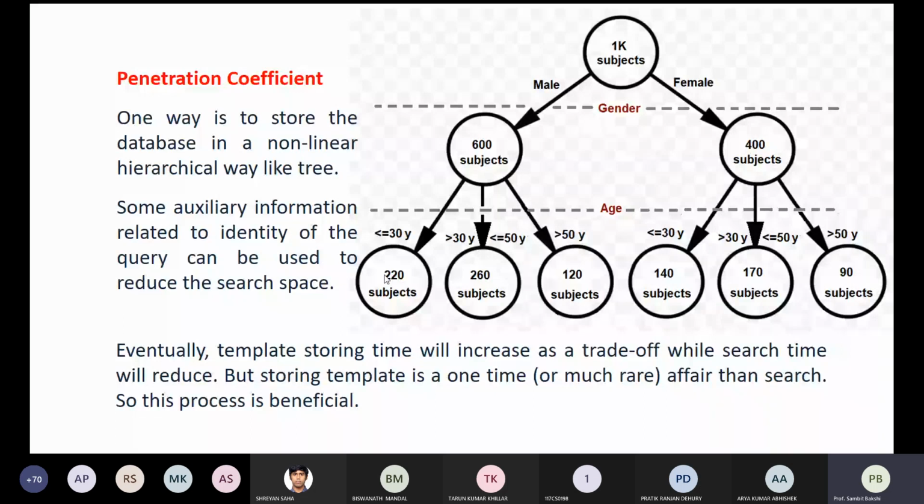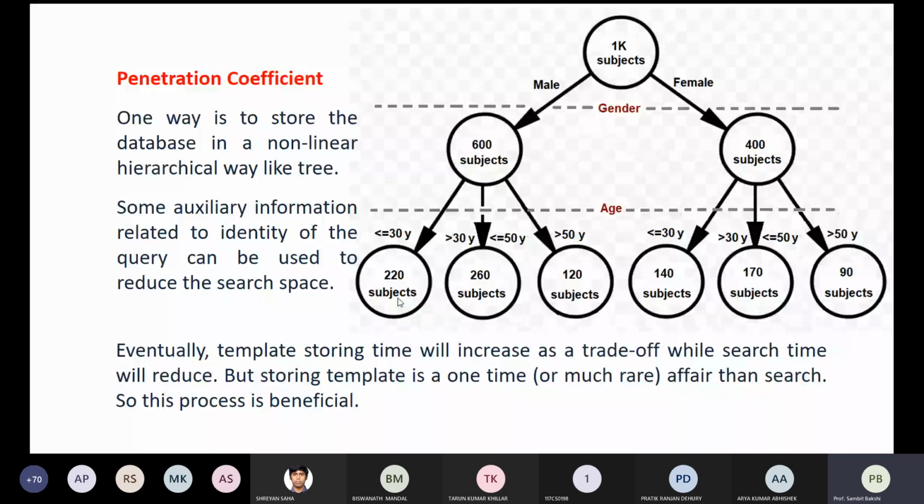Here, 220 subjects means there are exactly 220 children of this node, which are leaf nodes. They are actually 220 data, or you can say this is a pointer.